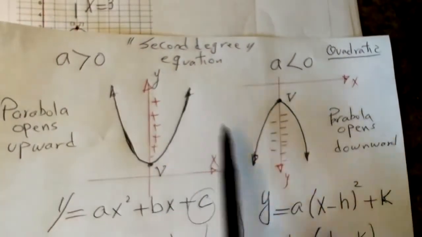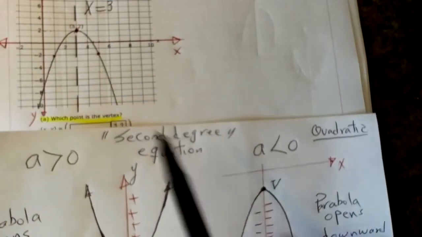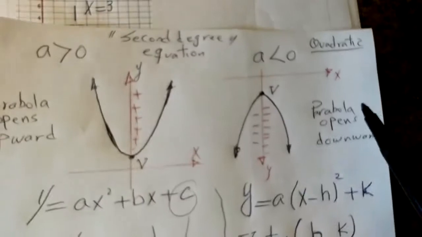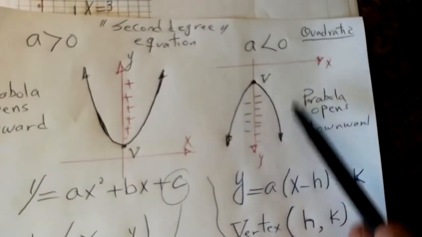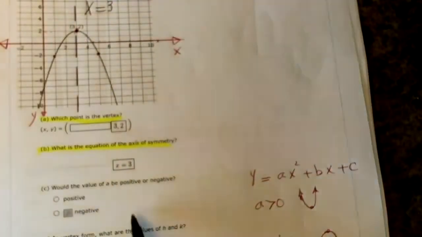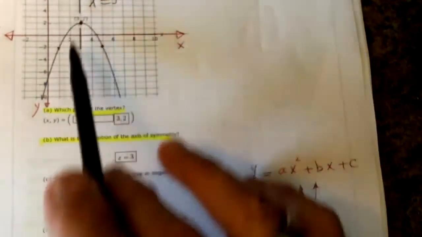If A is positive, the parabola opens upward. If A is negative, the parabola opens downward. In this problem, the parabola opens downward. So if the parabola opens downward, A is less than 0. See? A is negative. What is the A? Negative because the parabola opens downward.